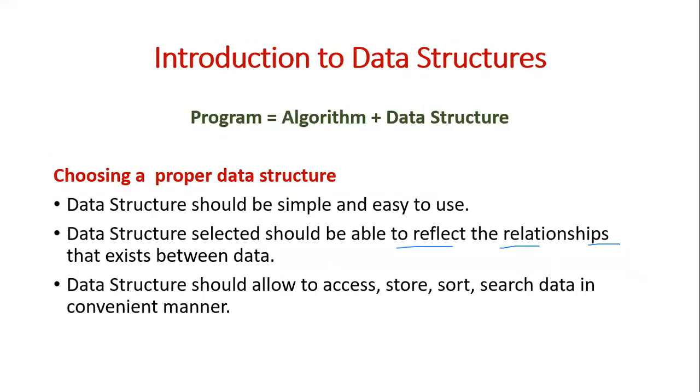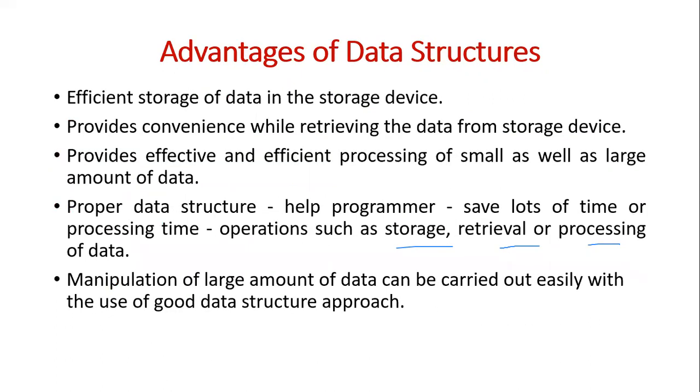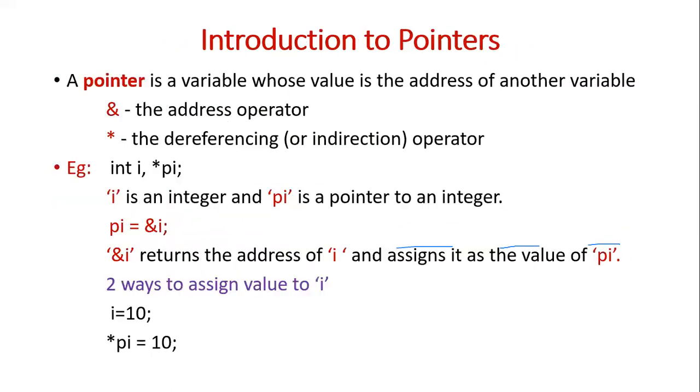Fine. So this is the introduction about data structures. We have defined data structures, and we have understood the role of data structures and what the advantages of data structures are. Now let us move on to pointers. So what is a pointer? Pointer is a concept which is available in C language and in C++. Basically pointers are used to access memory locations.